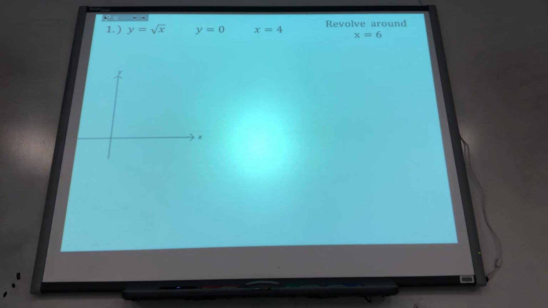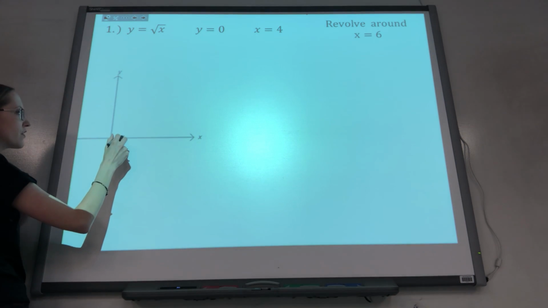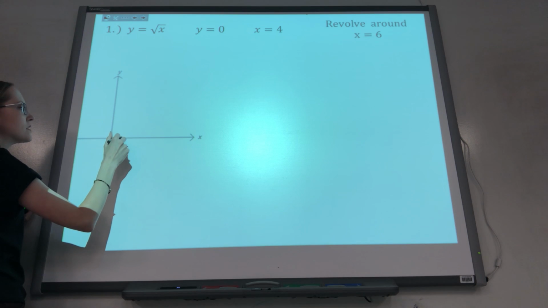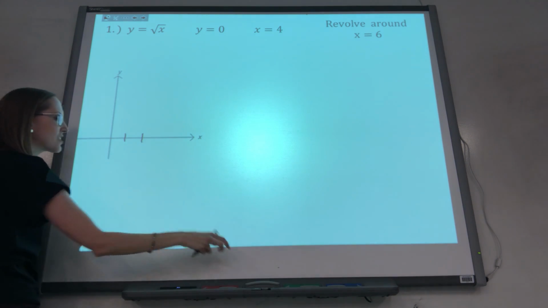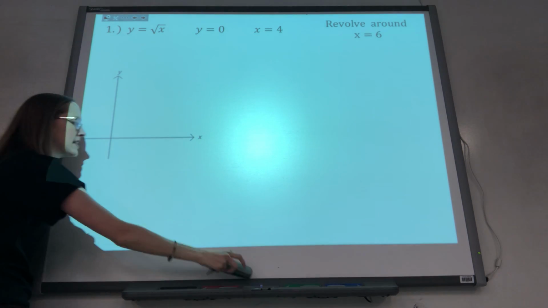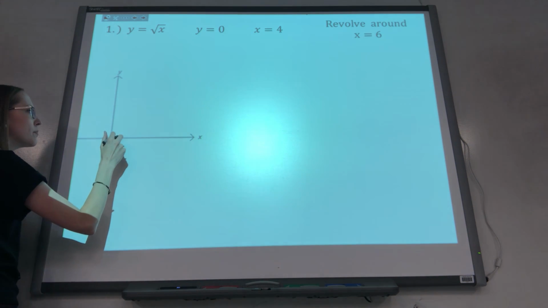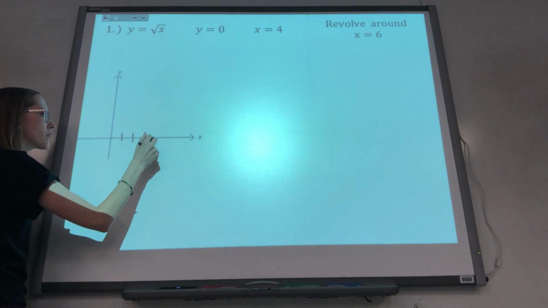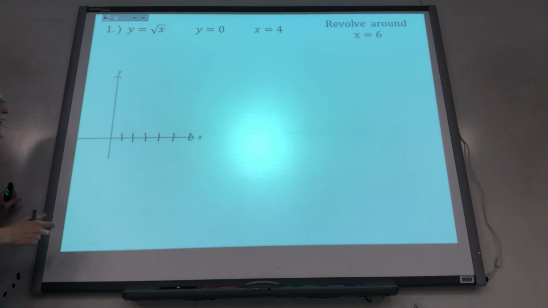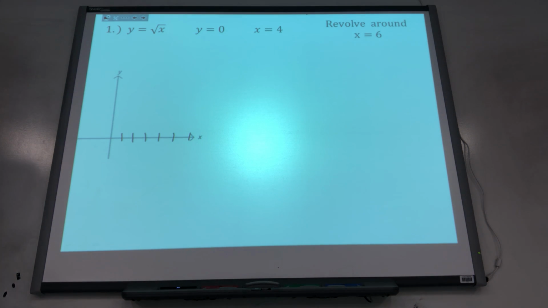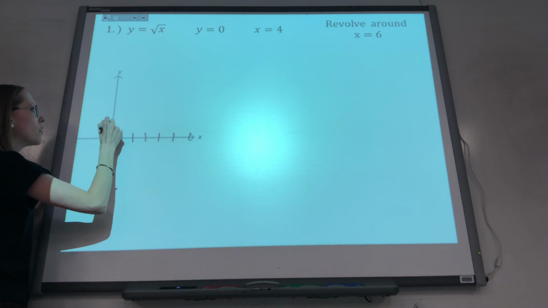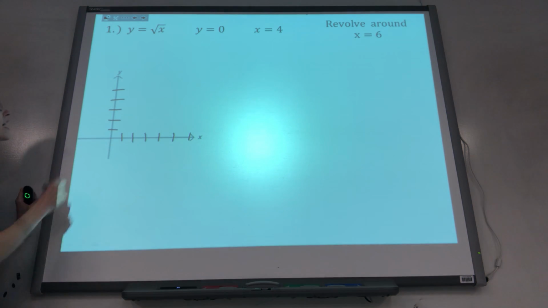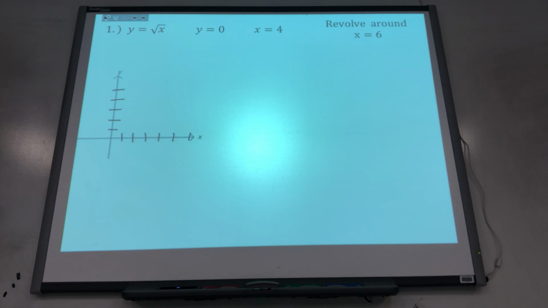Okay, well here I go. I'm going to start to sketch those functions first. X equals 4, 1, 2. Actually, I got to go all the way to 6. I might want to make this a little bit tighter here. 1, 2, 3, 4, 5, 6. That should be enough on the x-axis. And I don't think you really have to go up very high on the y-axis.